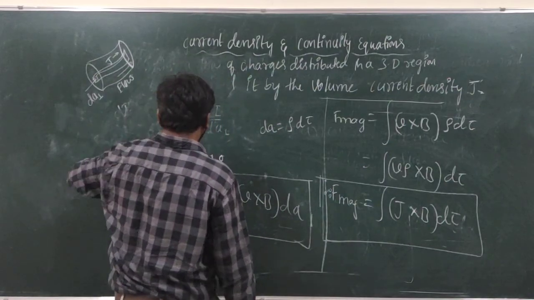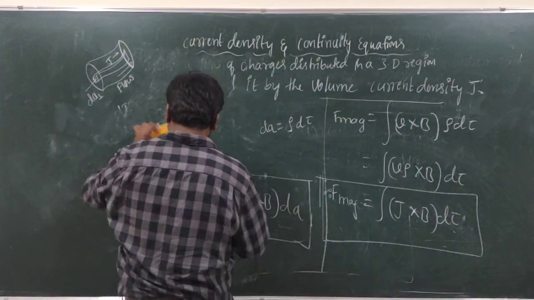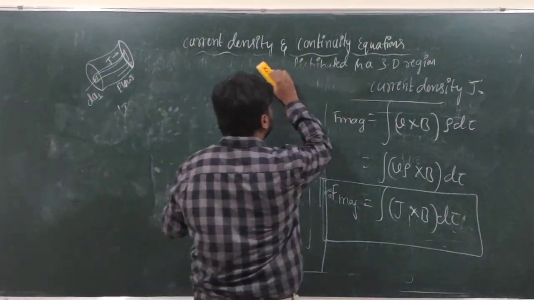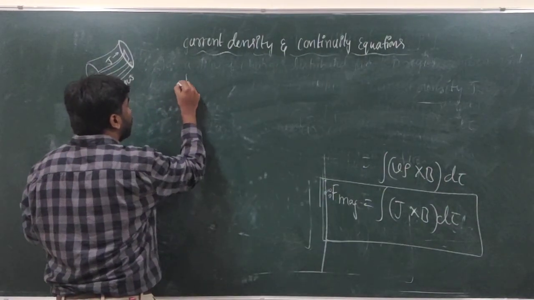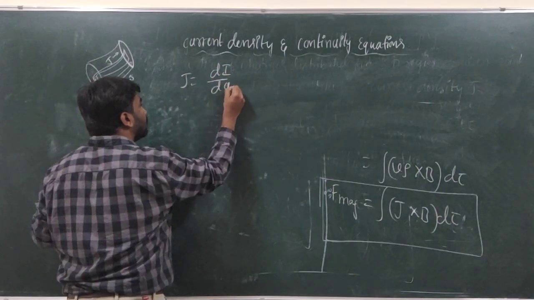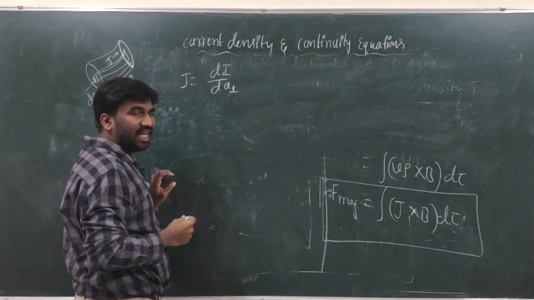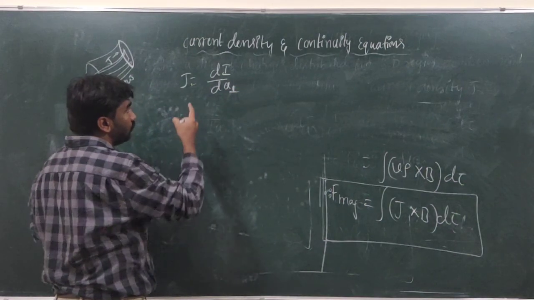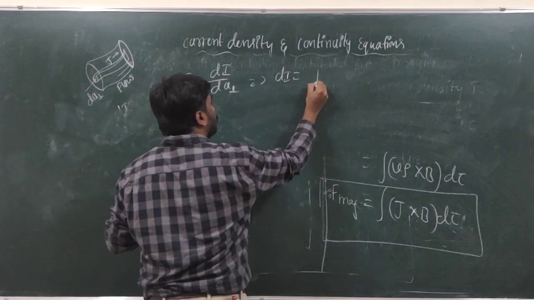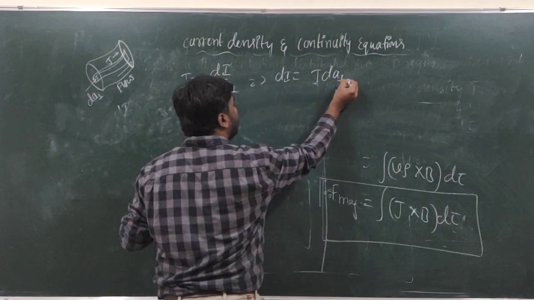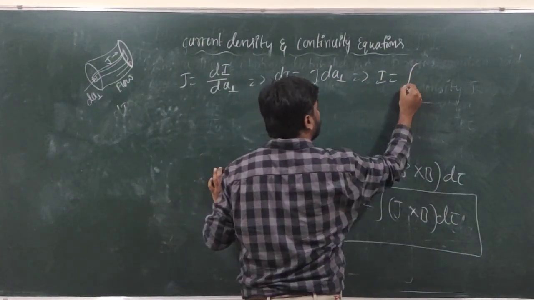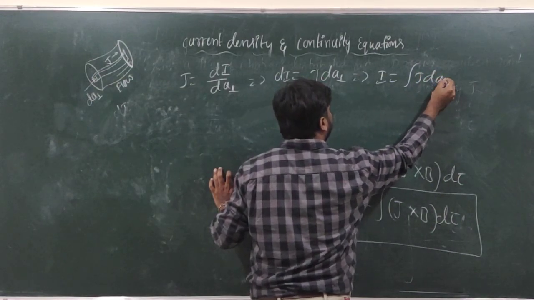Next, we know that J is equal to di by dA, the current per unit area perpendicular to the flow. From this equation we can write di is equal to J into dA perpendicular, and we can also write I as the integration of J dA perpendicular.